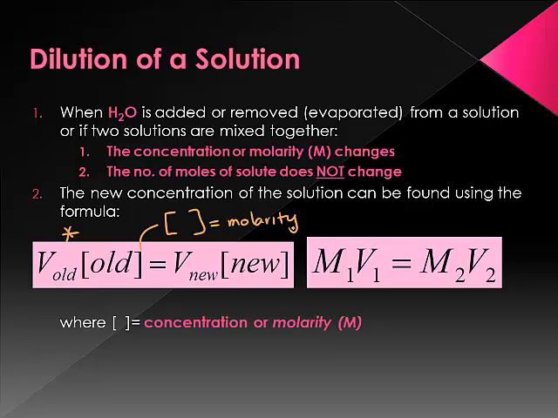The form that I happen to prefer, because I think it's easier to remember, is that M1V1 equals M2V2. And the reason for that is that M times V is equal to the moles. And I already know that the moles in my solute before and after aren't changing.